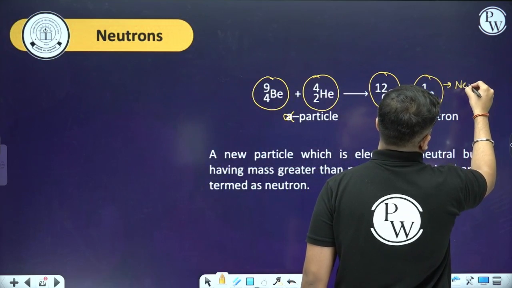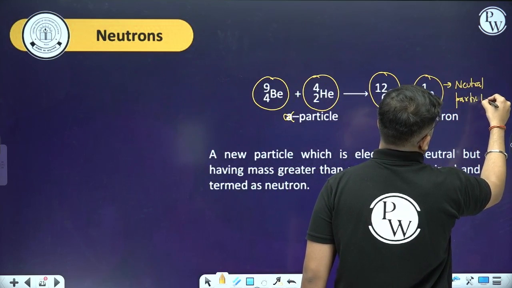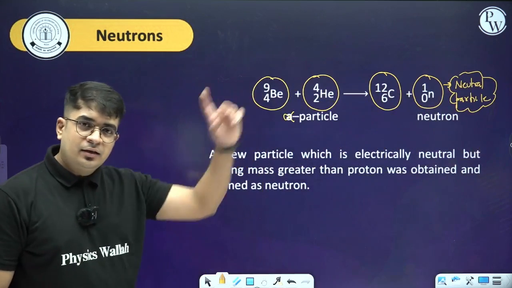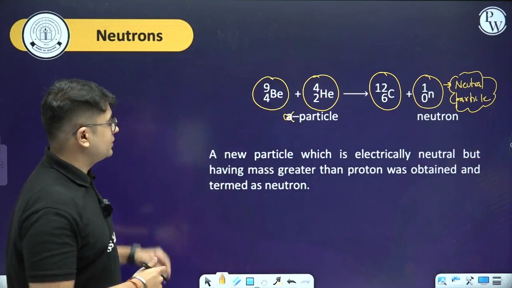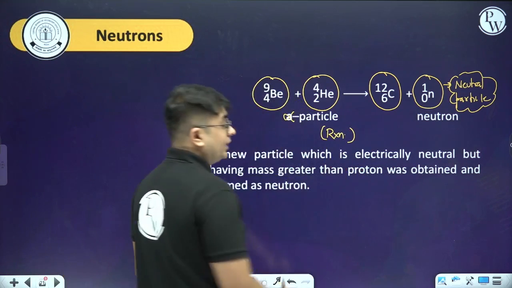This is the neutral particle which is entirely different from the gamma rays. So that was your neutron. I hope this part is clear. This is the reaction which comes under the radioactivity part.